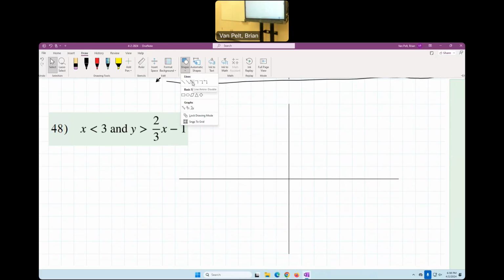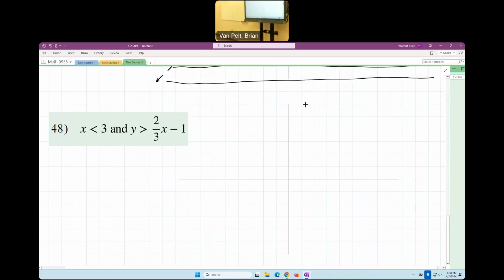It's the first one: x is greater or less than 3, we go over 3, so this will be hit here. And I have to make that dashed.